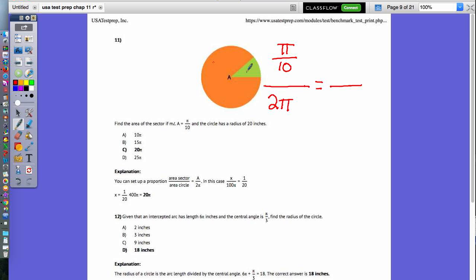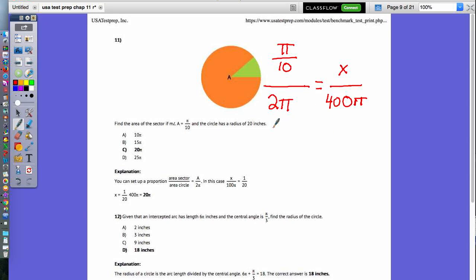We want to find the area of the sector, the green part. That's the area of the part over the area of the whole. The entire circle would be pi radius squared. So if the radius is 20, 20 squared is 400 pi.